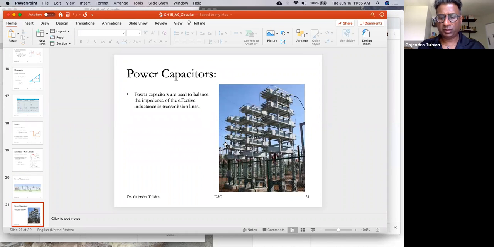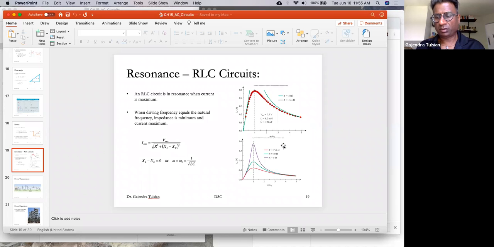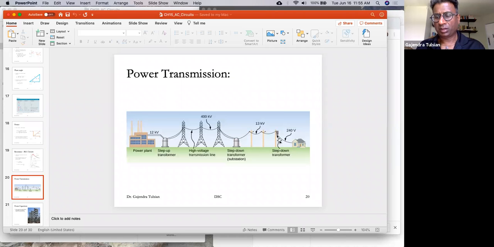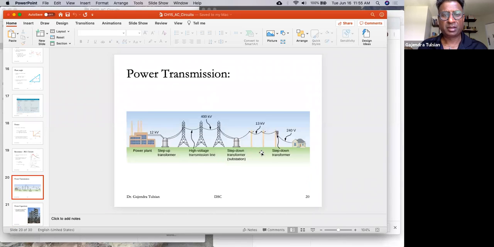So outside the city or at the end of the line, they'll have power capacitors which cancel the inductive reactance, and then you have a total net of just pure resistance to the city, and that's when the maximum power is delivered to the city. So that's what this is.